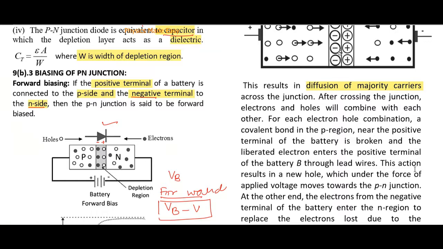Now, because majority charge carriers are only small in number, it means current will flow only for some time and after that it will stop, but it is not like that.